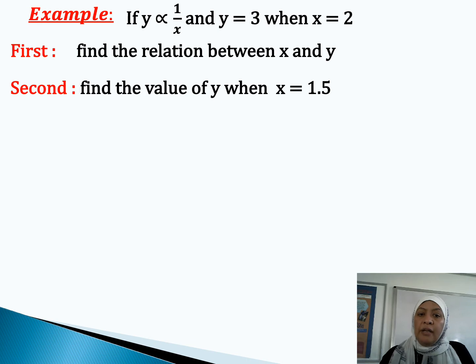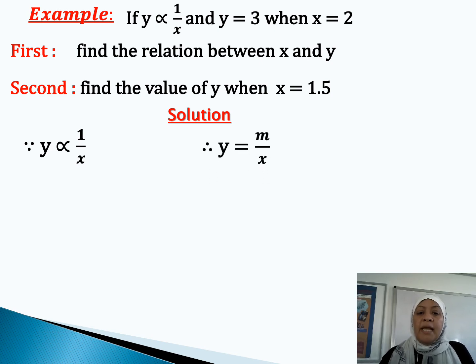Firstly, since y varies inversely with 1 over x, we remove the variation sign and put M over x. So in direct variation, my relation is y equals mx.